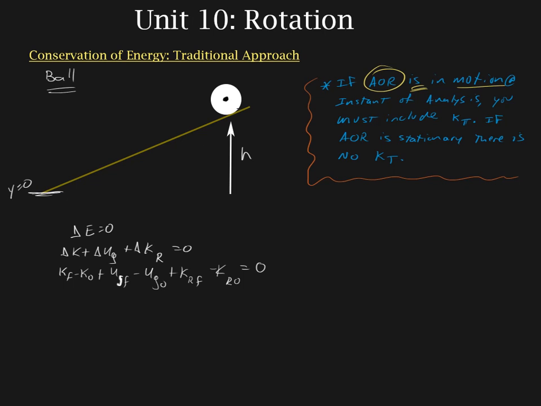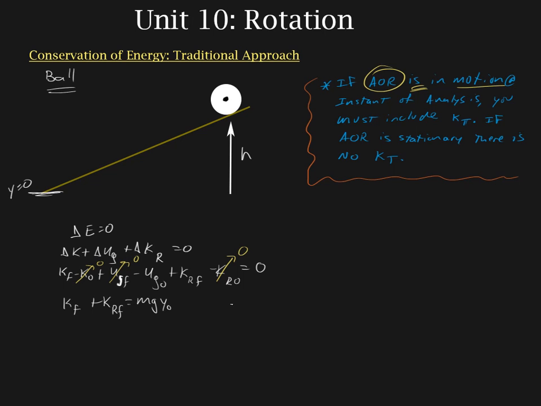All right, so at the top of the ramp, there's no motion at all, and so we can eliminate all the initial kinetic energy terms. So that one goes to 0, and this one's going to go to 0. And at the bottom of the ramp, there's no more gravitational potential energy, so UG final is going to go to 0. And now we can simplify and rewrite it, get rid of all these excess terms, and we're going to have K translational final plus K rotational final is equal to mgy initial.